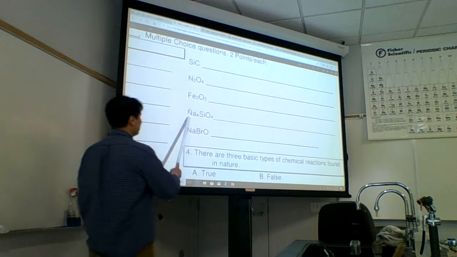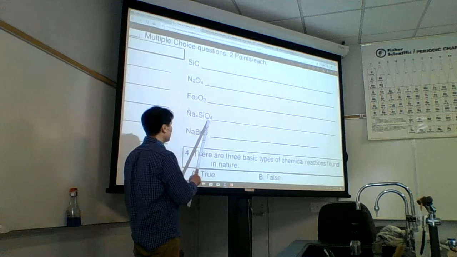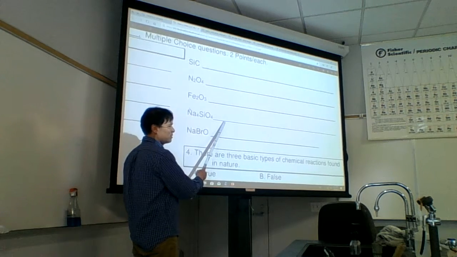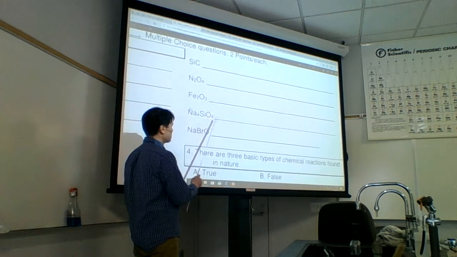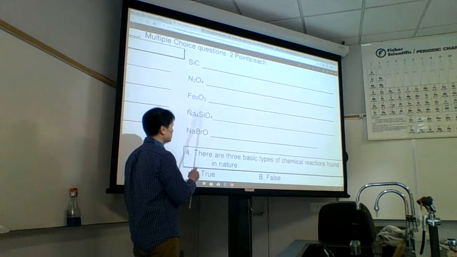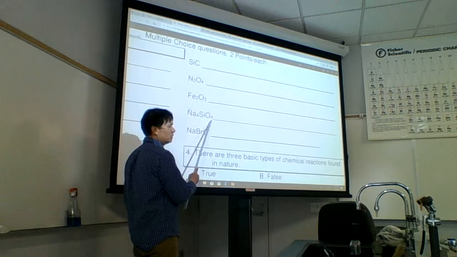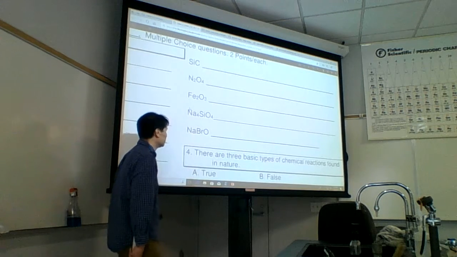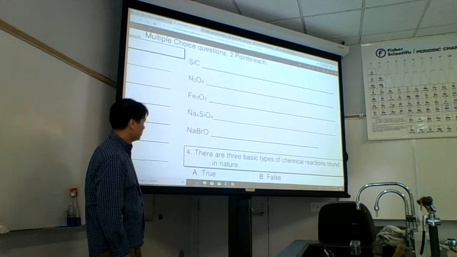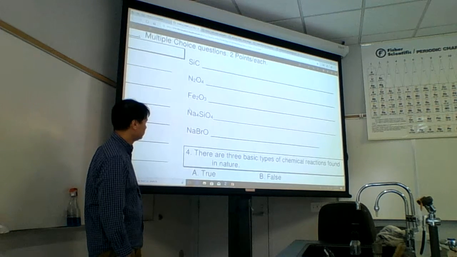This is not sodium silicon tetraoxide. I've seen so many names for this. Let me tell you another name I saw for this one last semester: tetrasodium monosilicon tetroxide. That was not too bad either, because at least they're keeping consistent. But that's wrong.